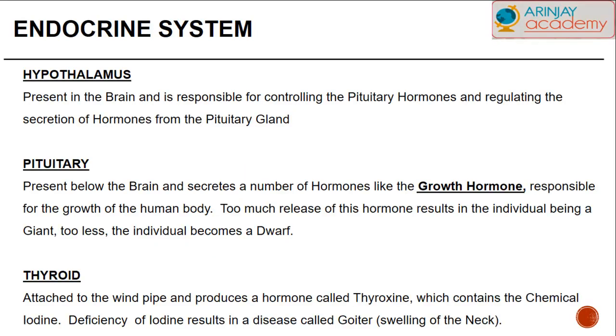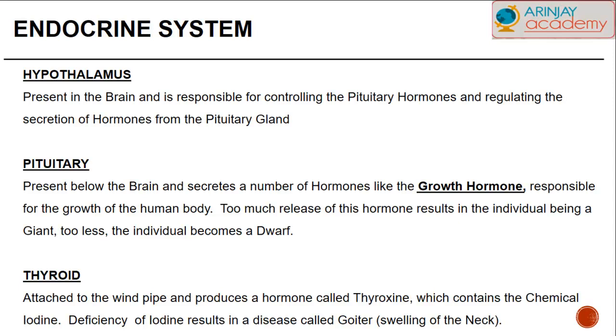The hypothalamus, this is present in the brain. It is responsible for controlling the pituitary hormones and regulating the secretion of hormones from the pituitary gland. To make this clearer, if you have a look at what the pituitary gland does, it secretes hormones like the growth hormone, which is responsible for the growth of the human body.